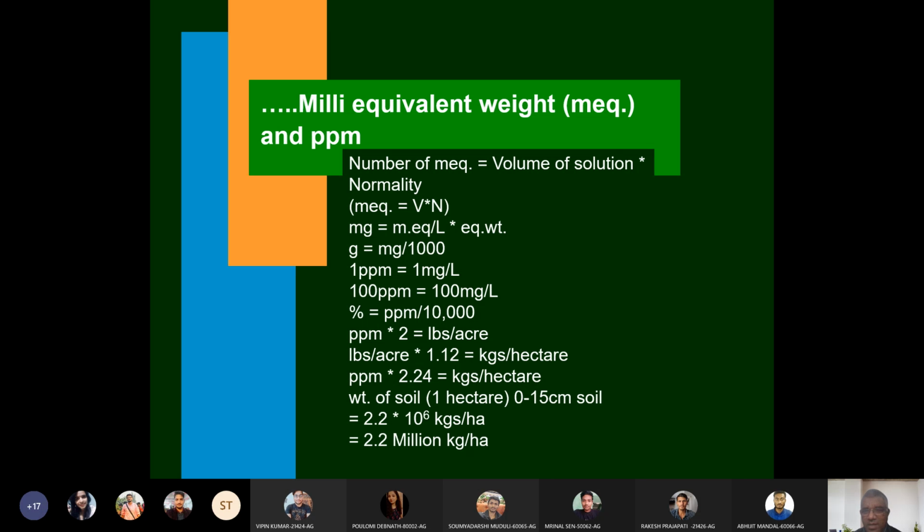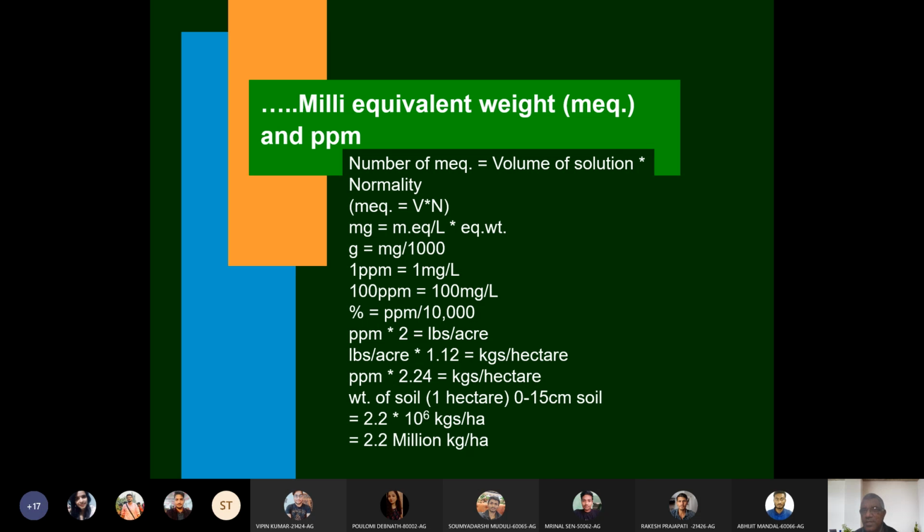Then a certain volume of sulfuric acid is consumed, say 10 ml, 50 ml. And you also know the strength of this sulfuric acid solution. Normally it is 0.05, 0.1, 0.001. You can have any strength of this solution depending upon the nitrogen content in the plant material or soil.